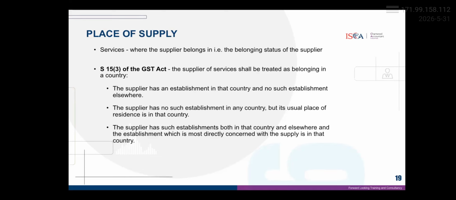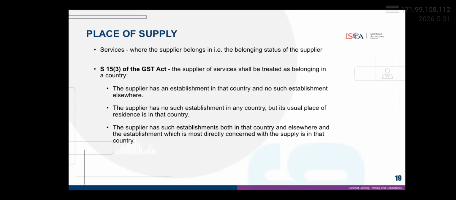Section 15 of the GST Act says the supplier of services shall be treated as belonging in the country where the supplier has an establishment in that country and no such establishment elsewhere. Or the supplier has no such establishment in any country, but its usual place of residence is in that country.